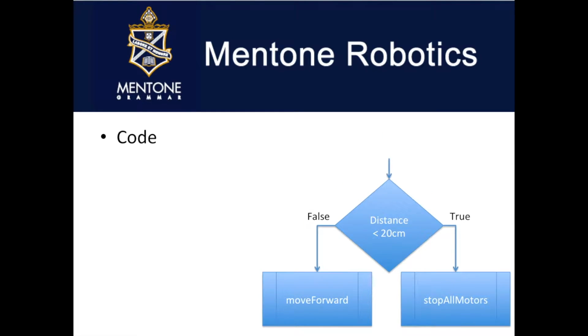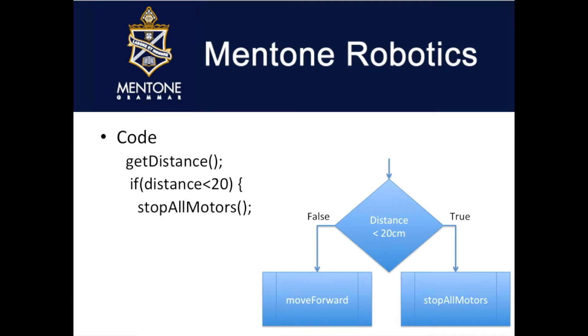If we convert this into code, we'll get the distance, open and close brackets, and always end off our line with the semicolon. Then we put the if distance is less than 20 centimeters, and that's what's in the diamond there. What happens if it is true is what we do first.